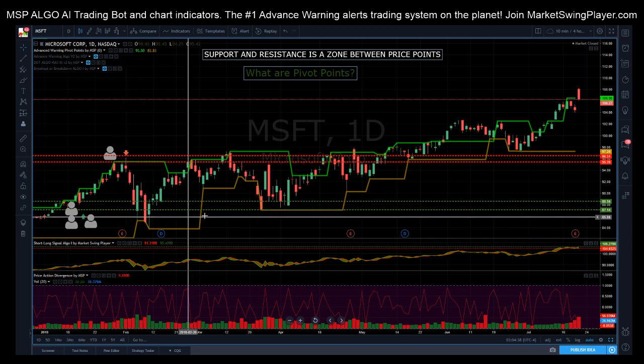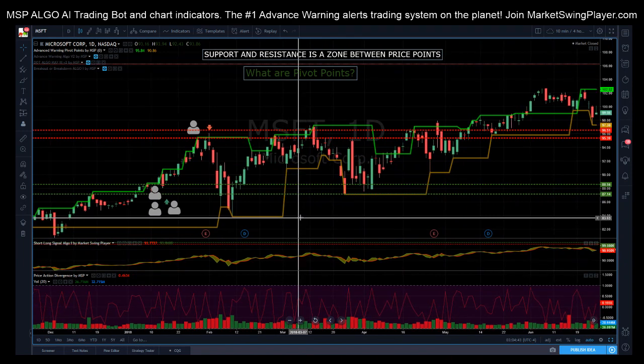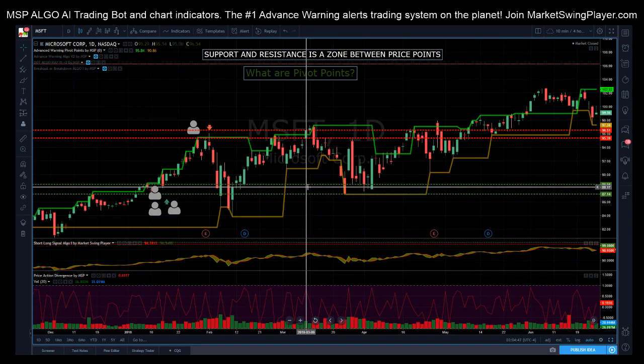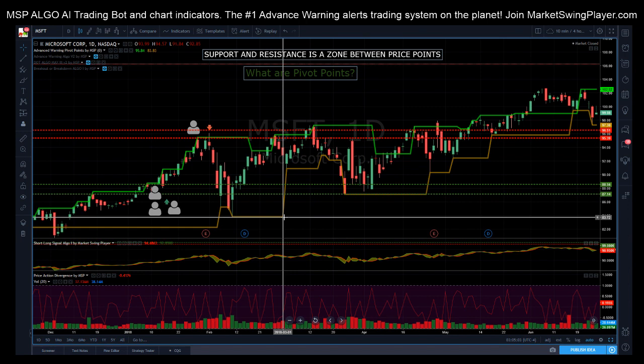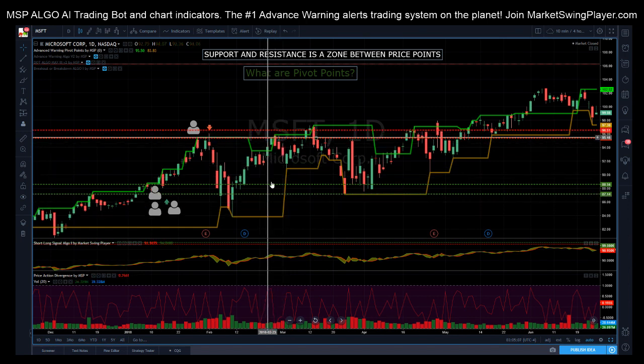So we can clearly see that we tried to make some sense out of this chart so we could figure out where to enter this trade. And based on our analysis of past price action, we determined that there was a support level between 89 and 87 and a resistance level about 97 and 95.